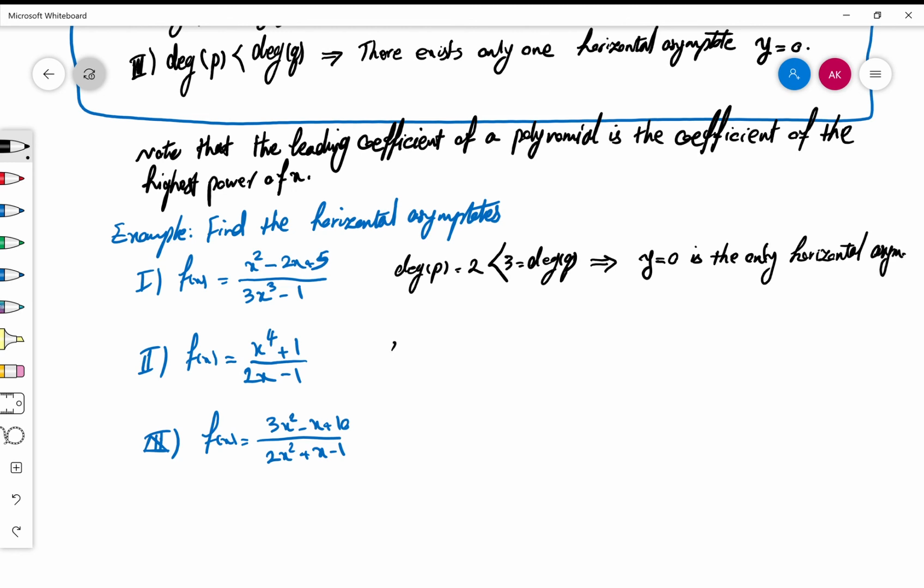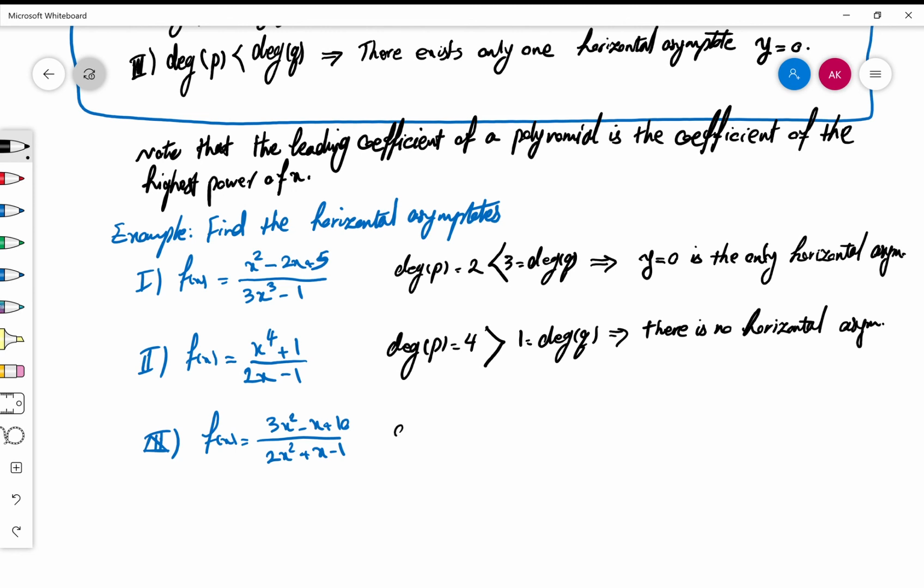How about the second? The degree of the numerator is 4 and the degree of the denominator is 1. The degree of the numerator is bigger, so there is no horizontal asymptote.